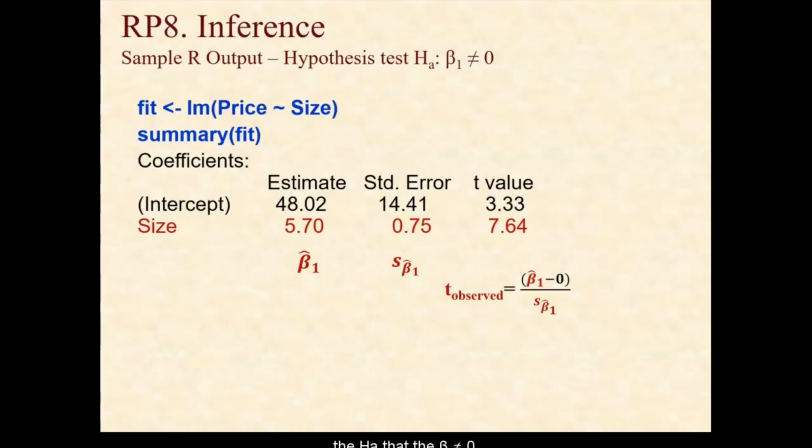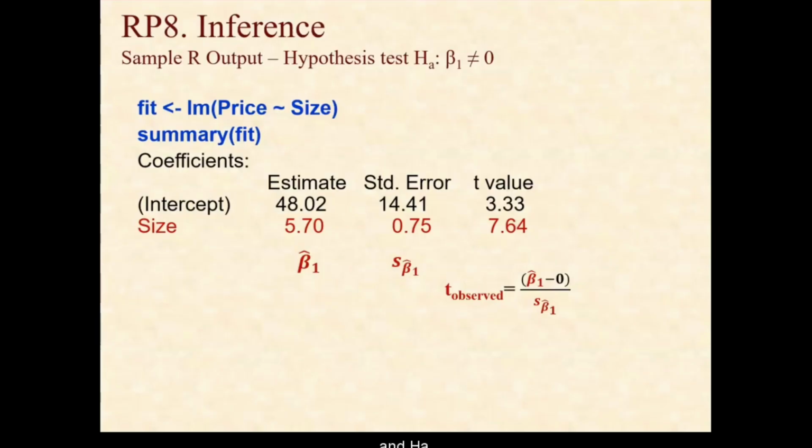As described earlier, the t-statistic equals the estimate beta hat value minus 0, the hypothesized value under the null hypothesis, divided by the standard error of the beta hat. In this example, the t-statistic equals 5.7 minus 0 divided by 0.75, which equals 7.64.